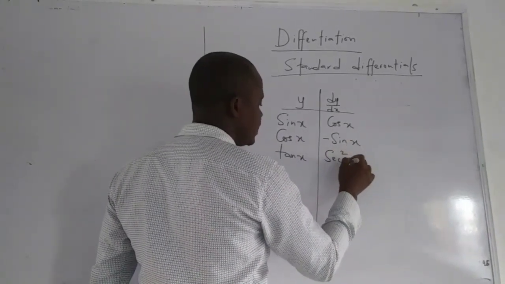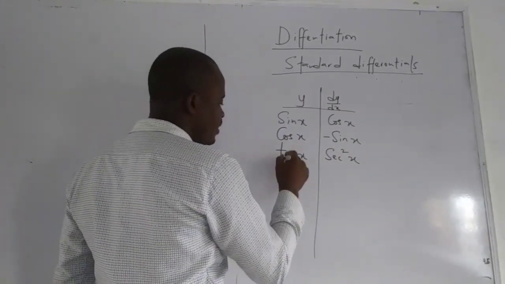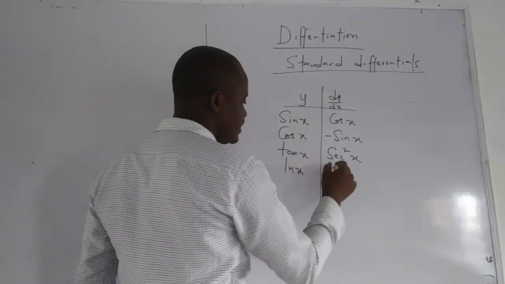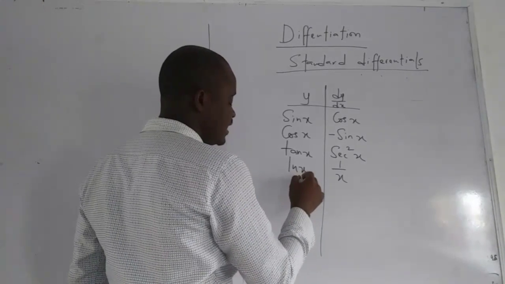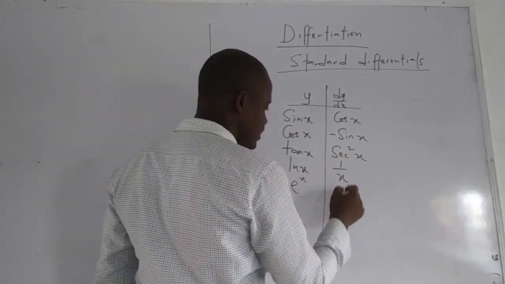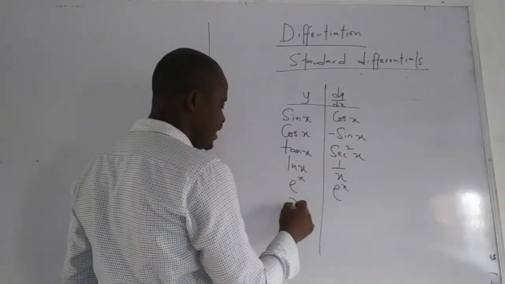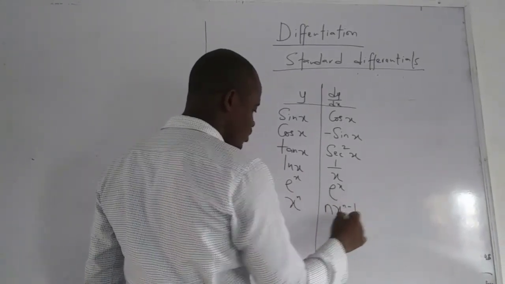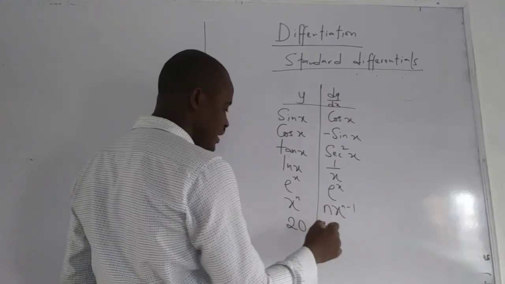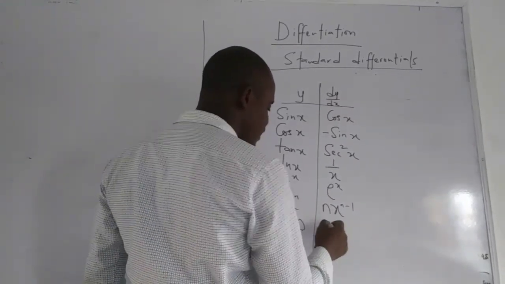Sec square x. When you have ln x is what? 1 over x. When you have a to the power x, exponential function, this is a^x ln a. When you have x raised to power n, that is nx^(n minus 1). When you differentiate a constant like 20, you have 0.